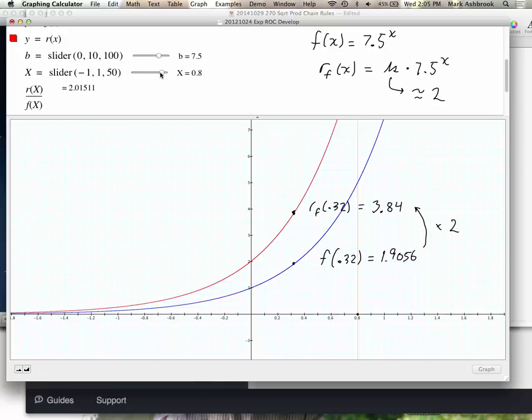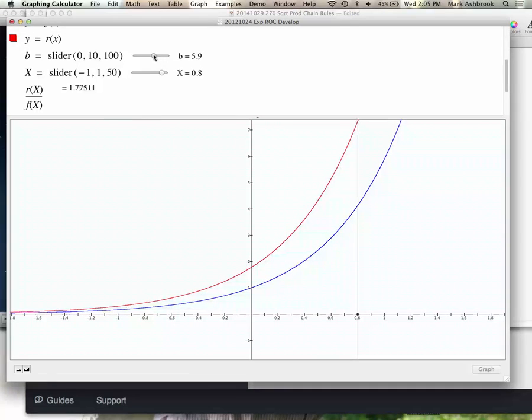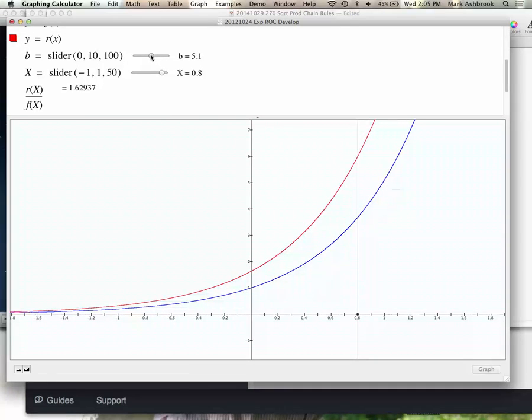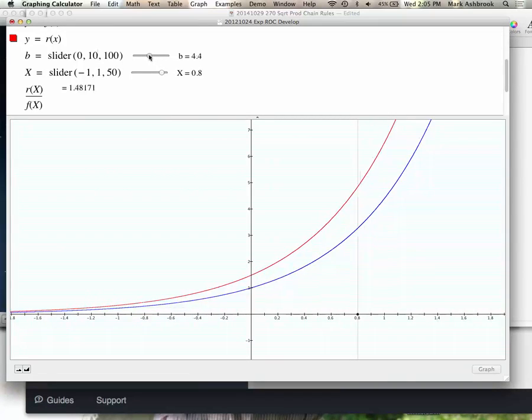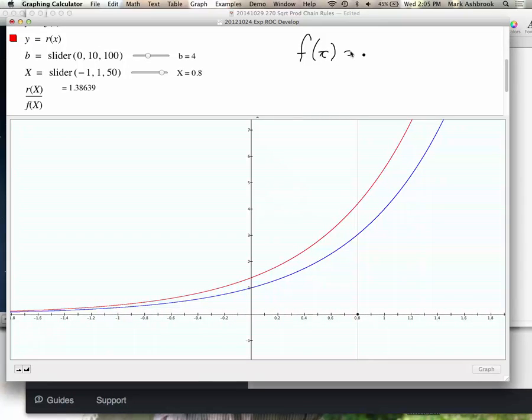So let's do 4 to the x. I'll change b to be 4. Is it still a constant of 2? So here is f of x equals 4 to the x in blue, and the red one is our rate.